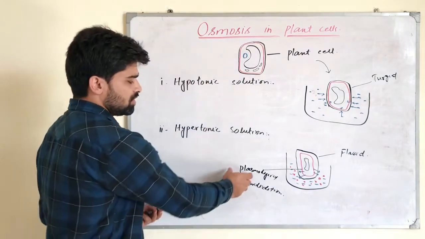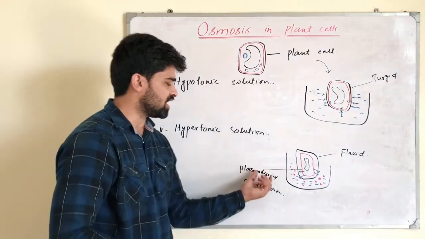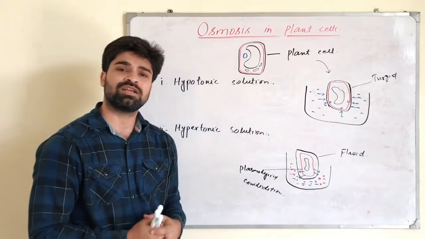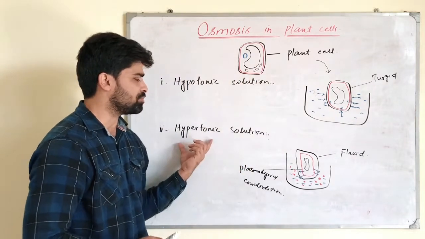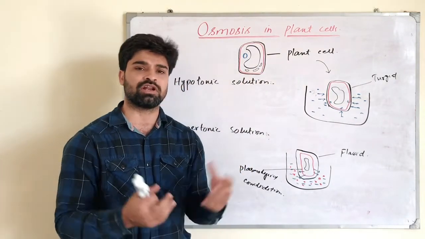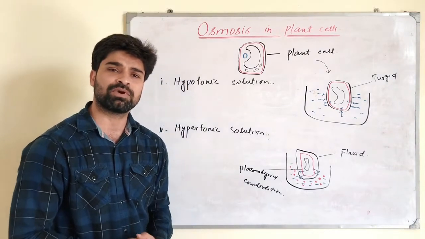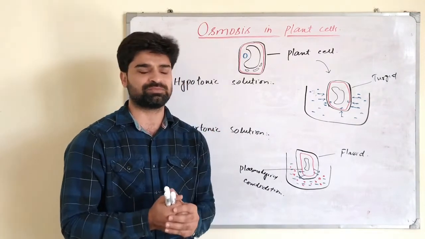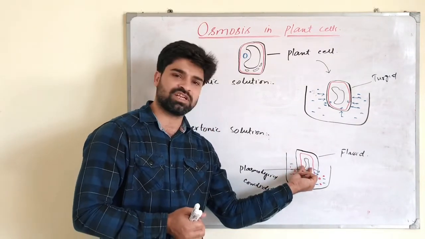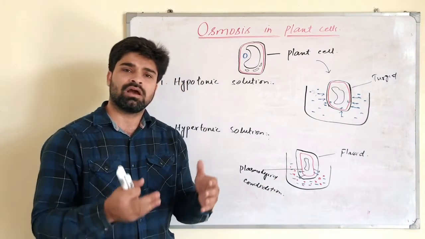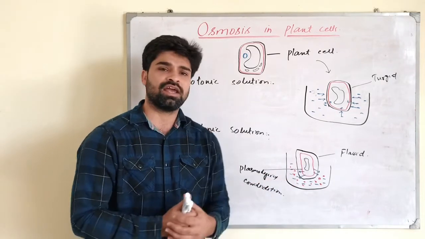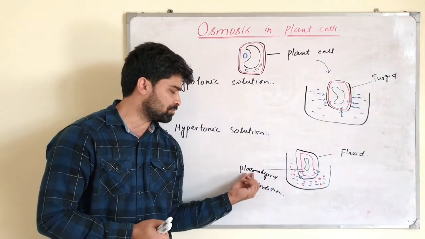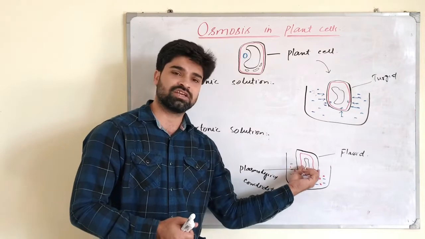Plasmo means the cytoplasm and lysis means the breakdown. That means if we put the plant cell in a hypertonic solution for a very long time, all the contents present within the cytoplasm of that cell will come out of the cell wall, and that will result in the plasmolysis of that cell.